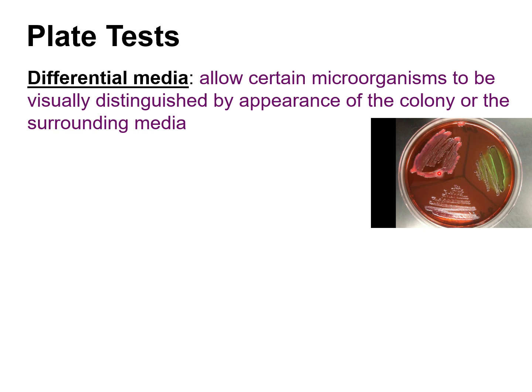Notice how, based on the color of the colony growth that you're getting, you can actually differentiate between the bacteria. That's the purpose of a differential medium. It's going to help you identify the bacteria based on the appearance of its colonies, or basically how the surrounding media around it looks.